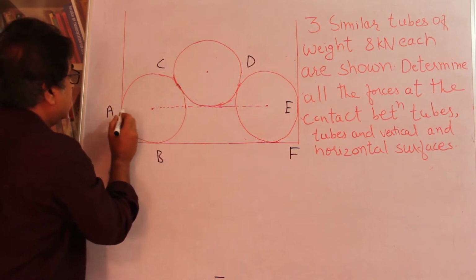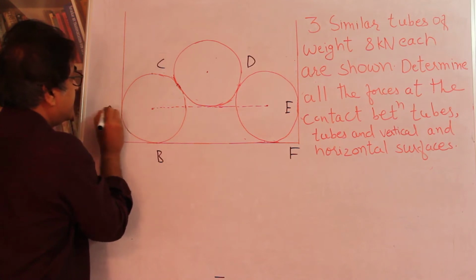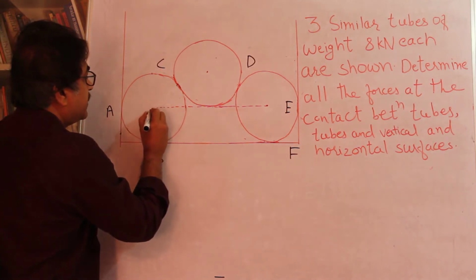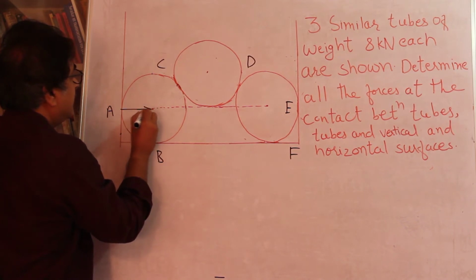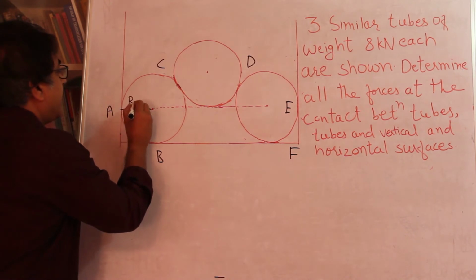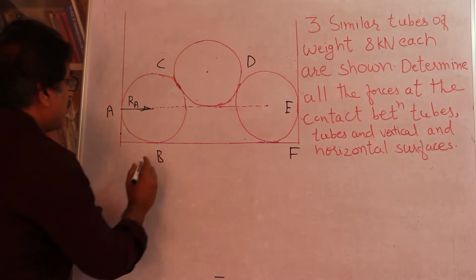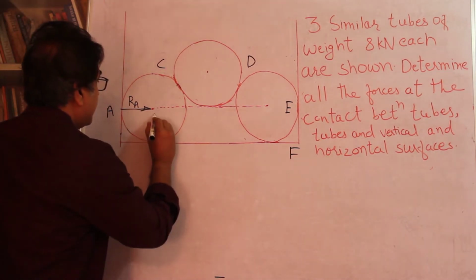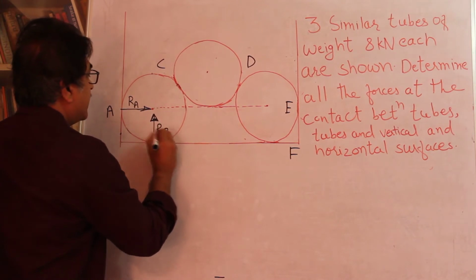So your force is going to be in this direction. So this is RA. There is going to be a normal force here, so this is RB.